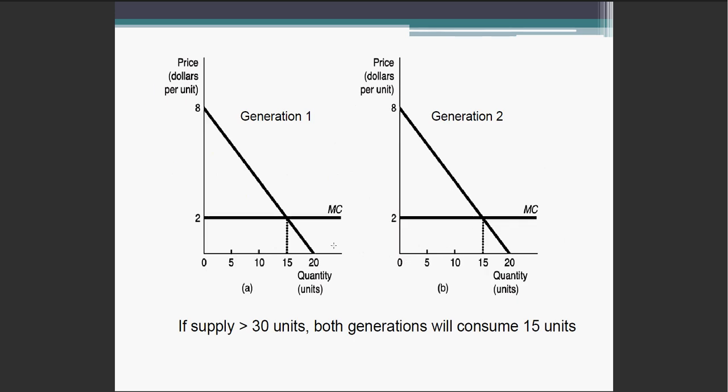This is because both generations would consume 15 units of resource, since that is where the efficient allocation begins. However, this only works if there's more than 30 units between the generations, such that both can consume their desired amount without depleting the resource.